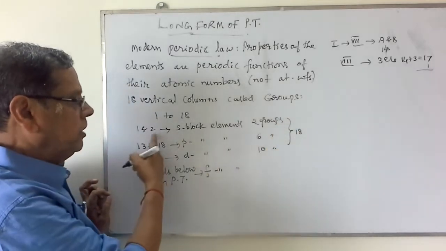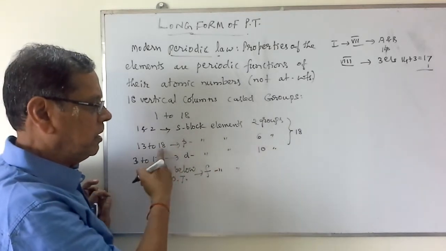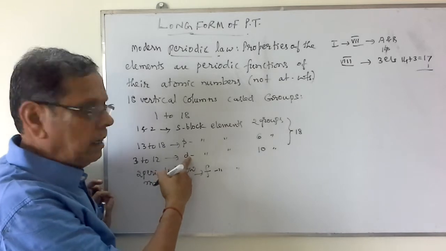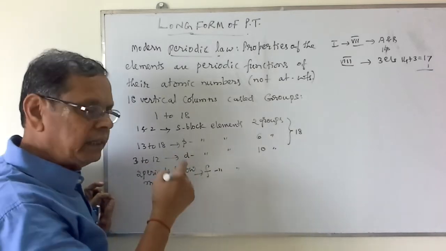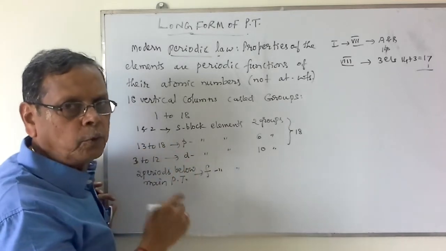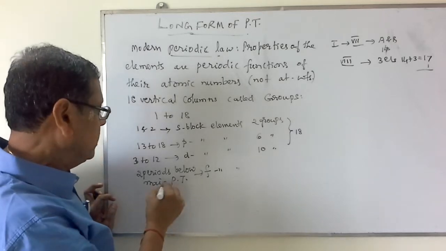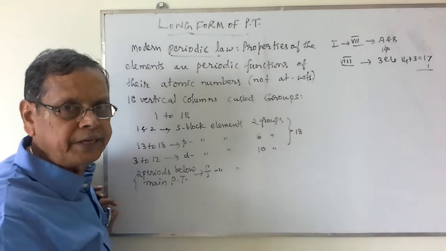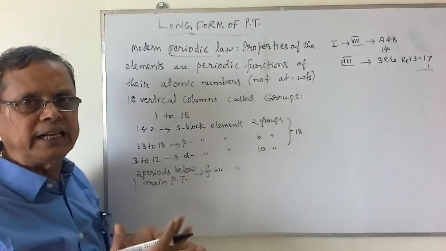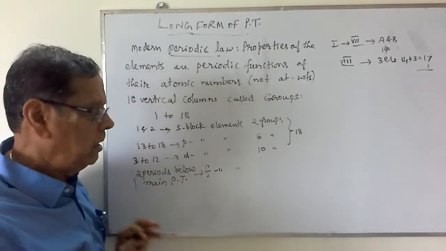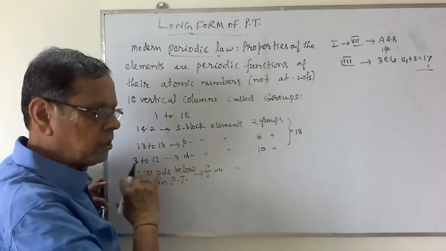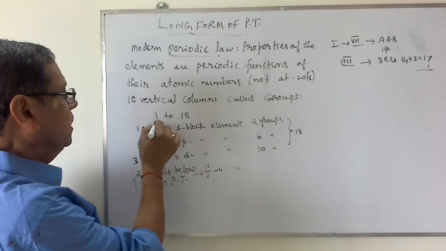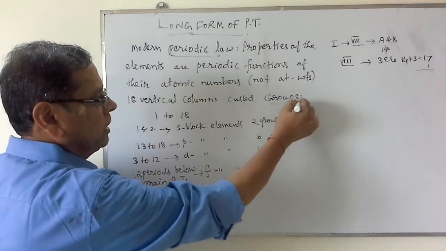And in the D block, in the third group itself, all these elements belonging to F block are to be placed. So instead of having a 3-dimensional periodic table, we have these F block elements shown below the main periodic table. So this is about the groups, which are the vertical columns.